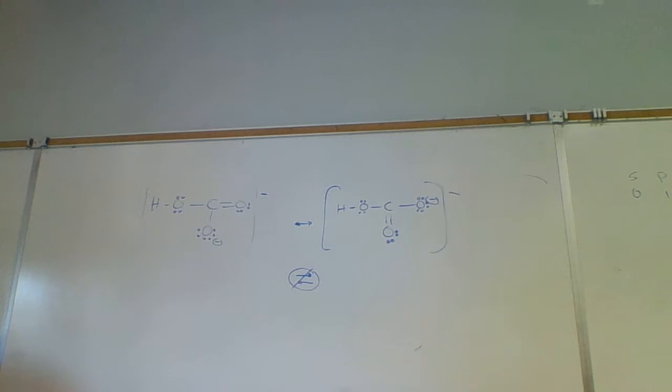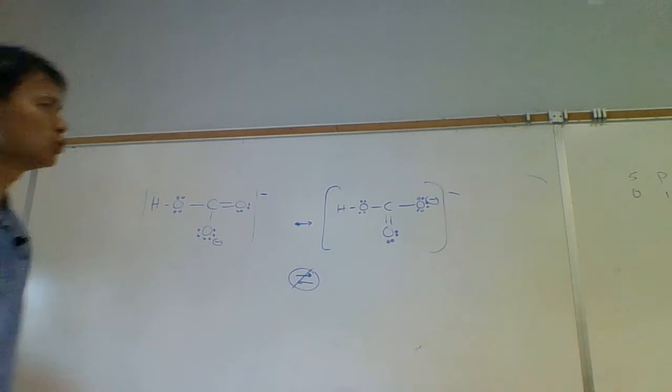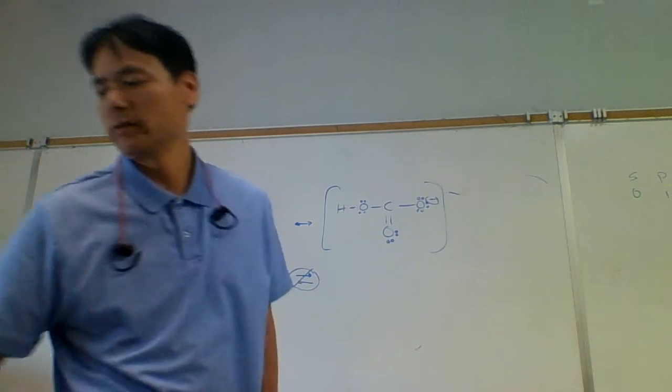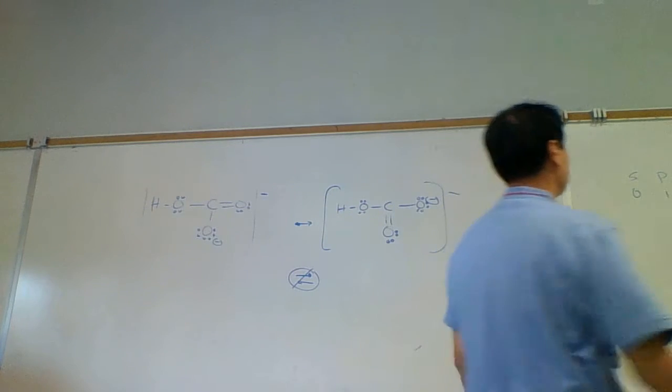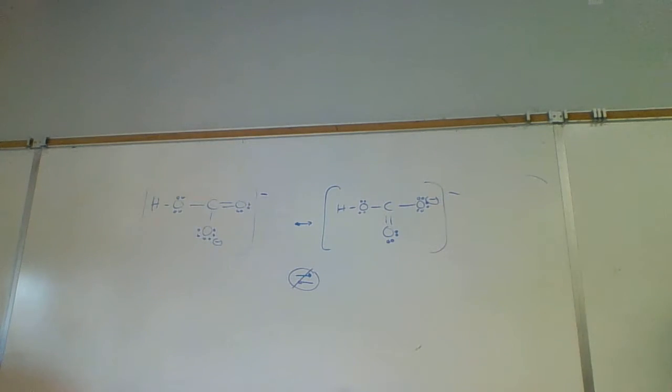We actually tried to draw a third resonance form for this. What happened? Formal charges got all screwed up. So it turns out there are only two resonance forms for this, and so we're only going to average these two.